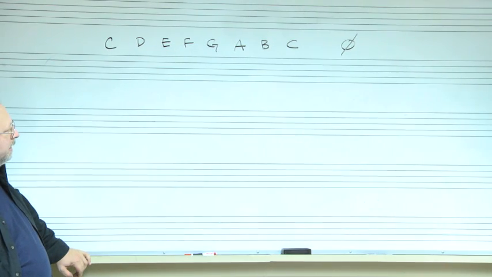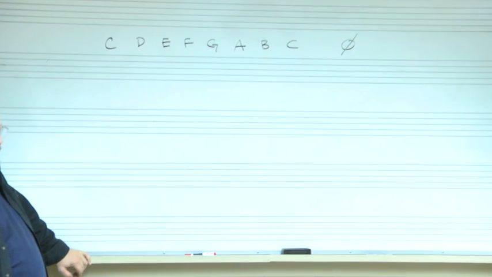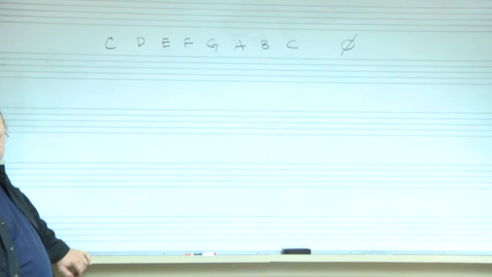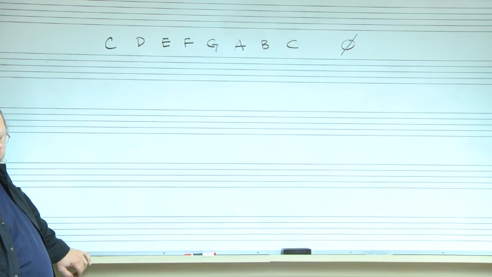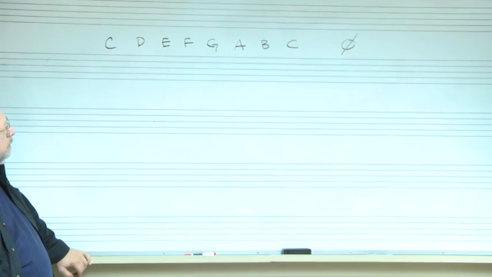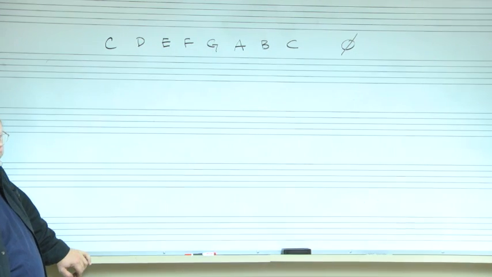Now that's our basic home base of the circle of fifths, right? So do you have your circle of fifths diagram? It's up at the top, right? So that key signature is correct, no sharps and flats. Now, the next key along the circle of fifths, how do we do that?